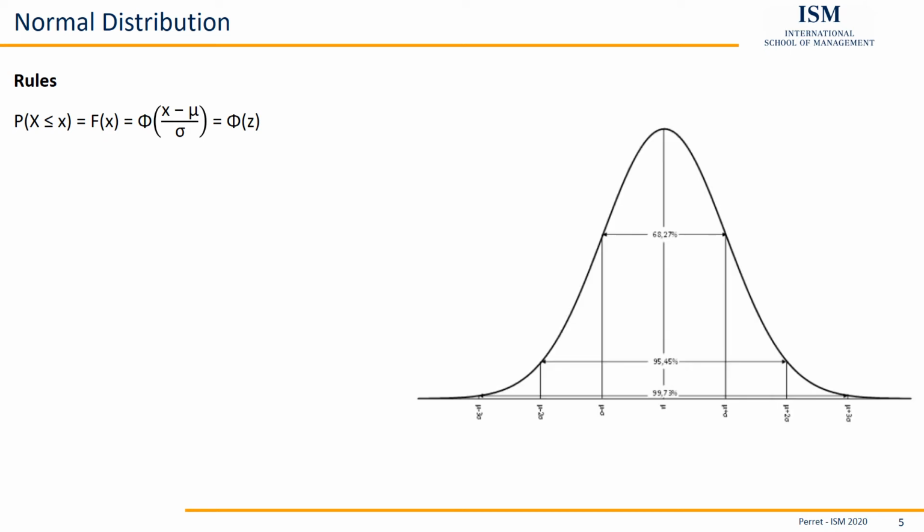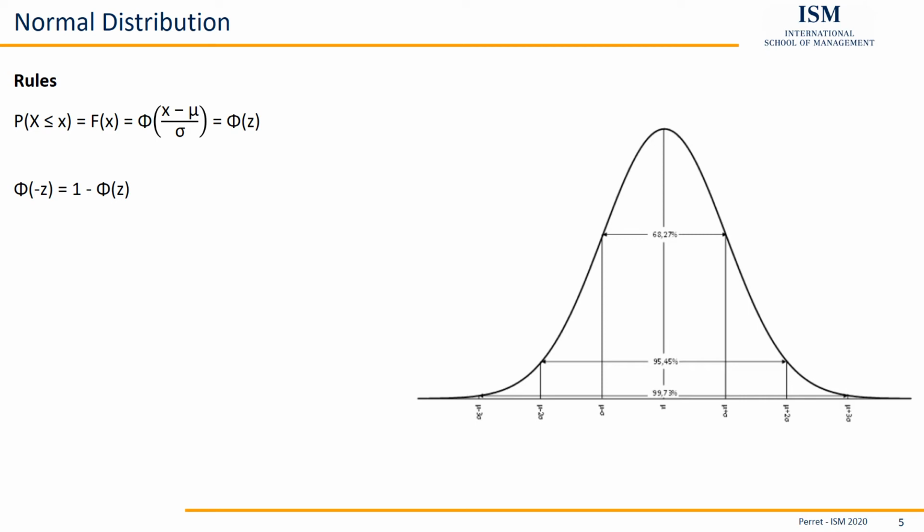But if we take a critical look at the graph, we see the function is symmetrical. And we can use this because we know the standard normal distribution is symmetrical, and the mean is always situated at 0. So it's symmetrical to the 0.